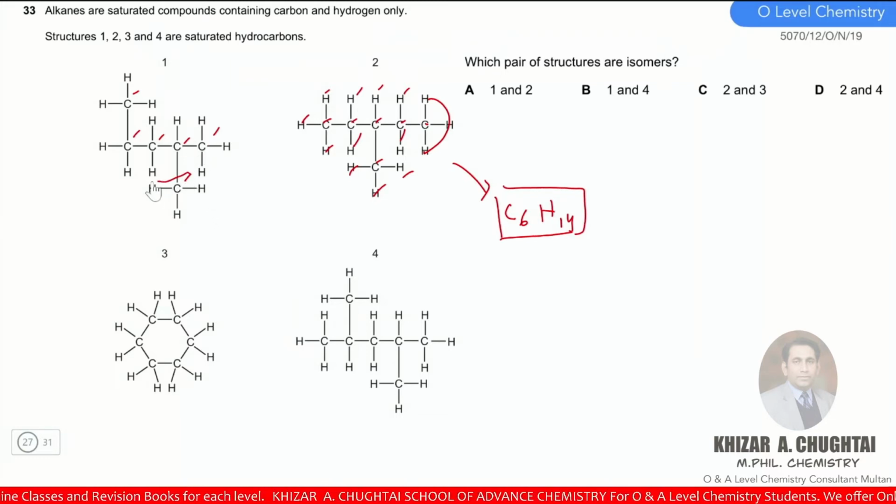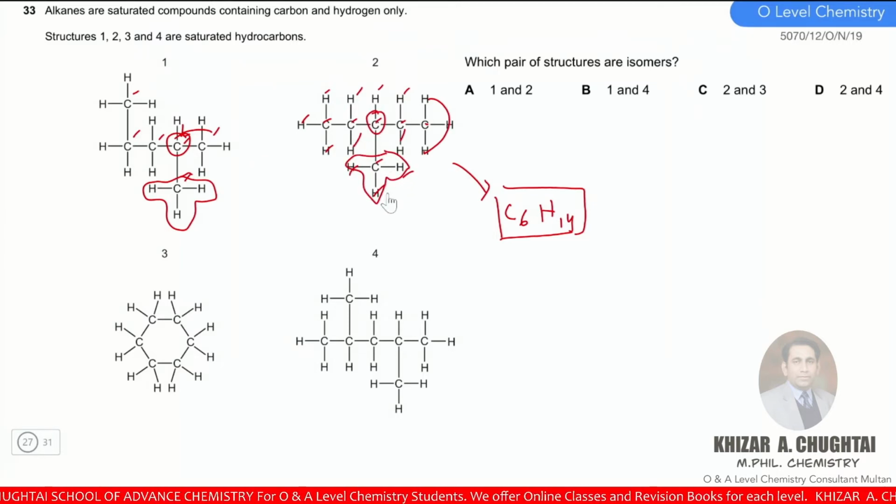Yes, this methyl group, this CH3 group, is present on the second carbon in the longest chain, and in this case this methyl group is present on the third carbon of the longest chain. So the structure is also different. So 1 and 2 are the correct pair. There is no need to check the further options. It is confirmed that A is the correct option.